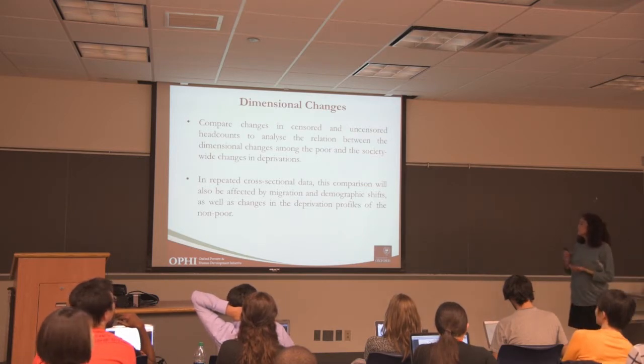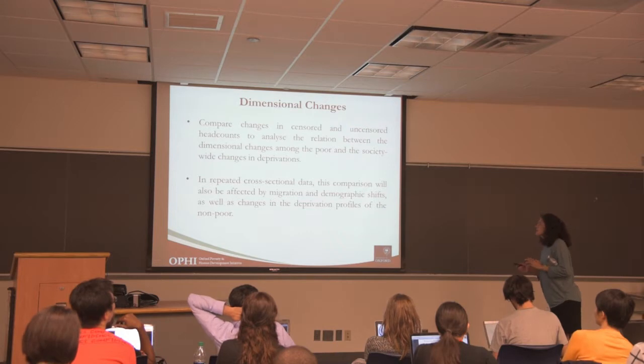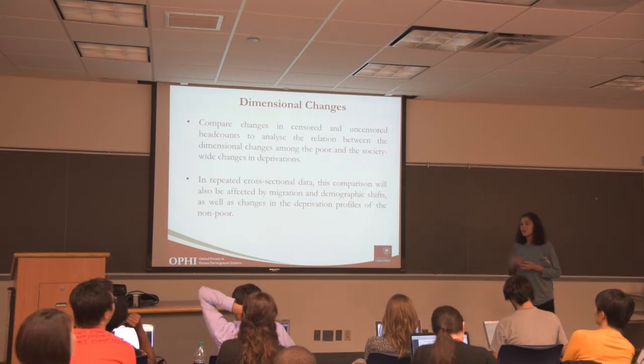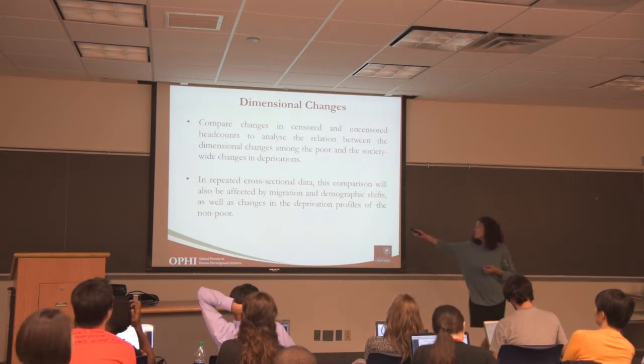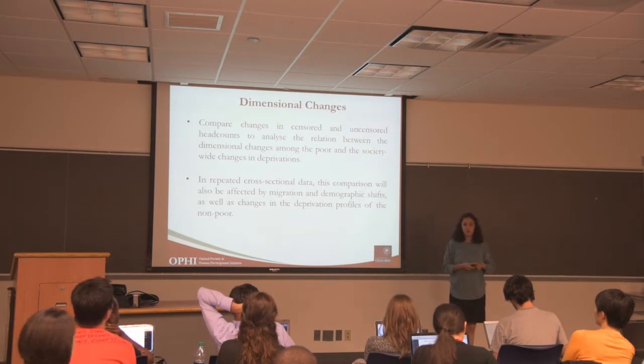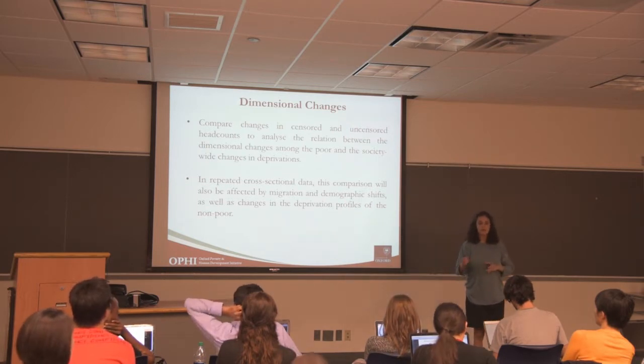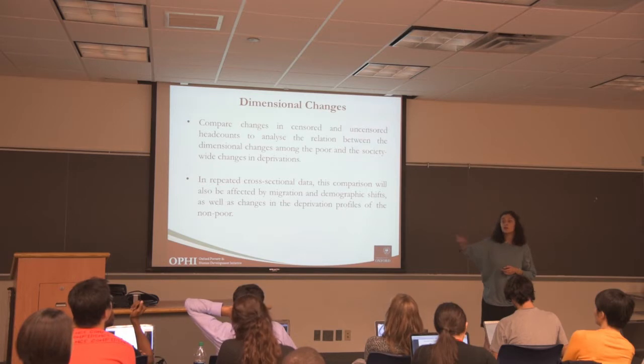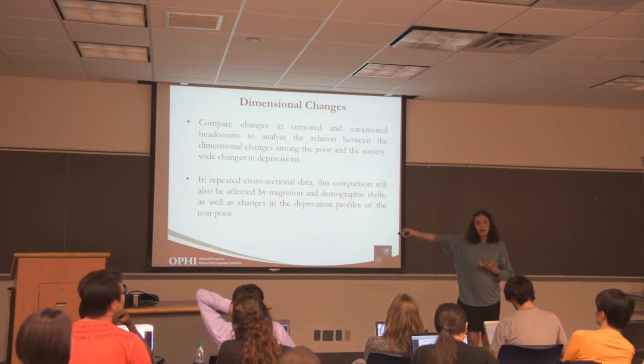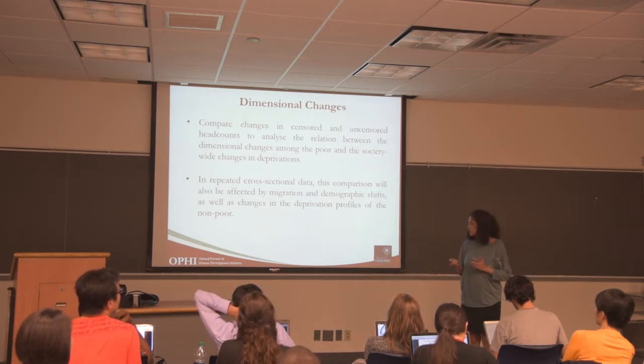Again, when you use repeated cross-sectional data, these comparisons will also be affected by demographic shifts, and by changes in the deprivation profiles of the non-poor. You can also fail to catch, for example, poor people becoming poorer and changing the censored counts.